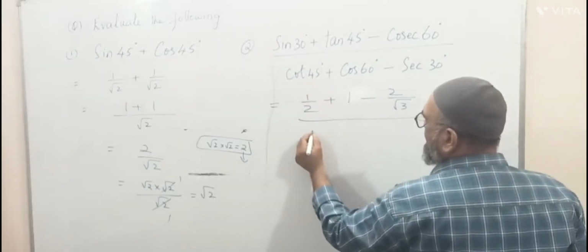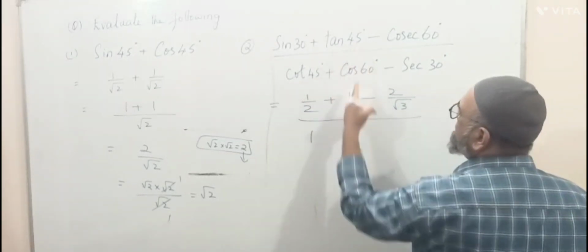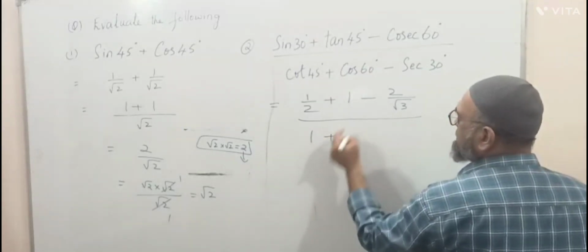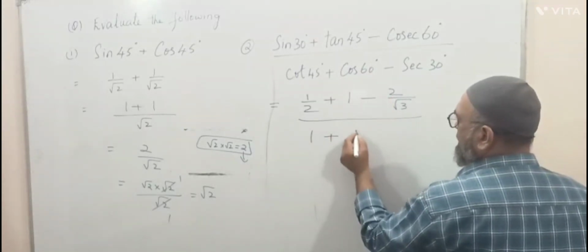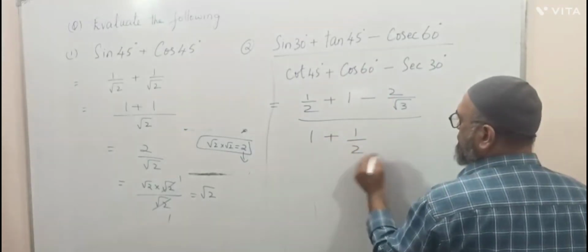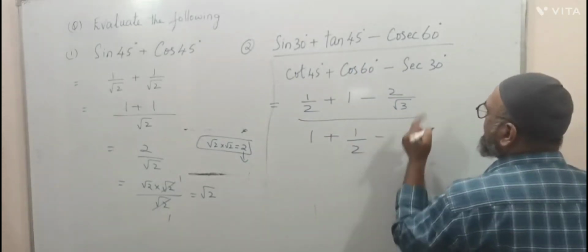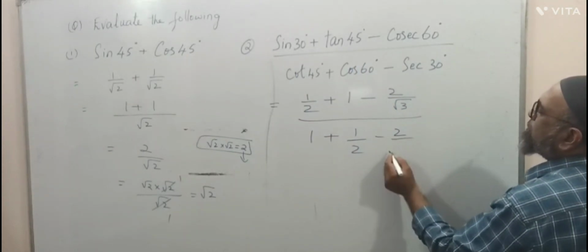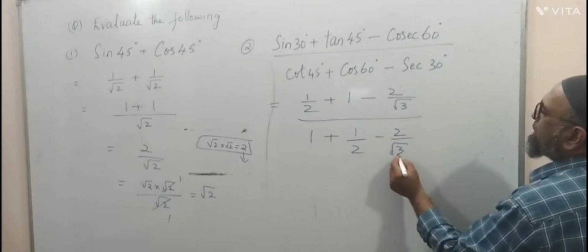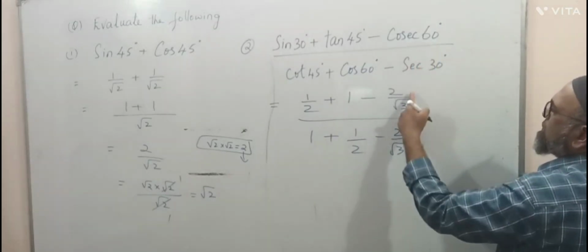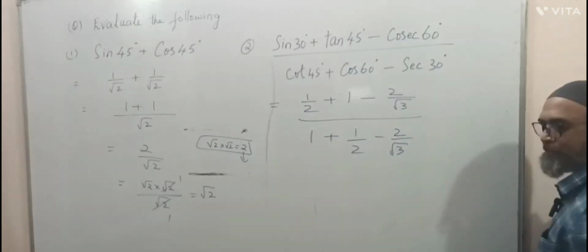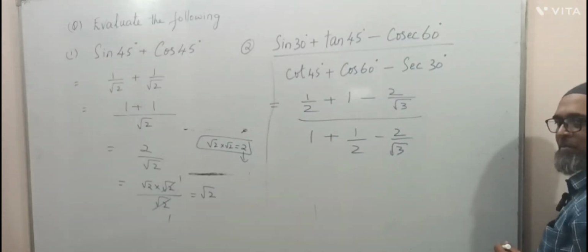Tan 45 value is 1, cot 45 value is also 1, plus cos 60 value is 1 by 2 minus secant 30, value of secant 30 is also 2 by root 3. Cosecant 60 value is 2 by root 3, secant 30 value is 2 by root 3. Remember this.